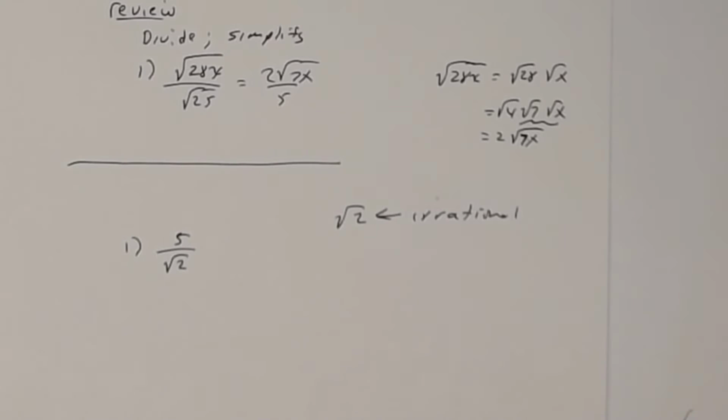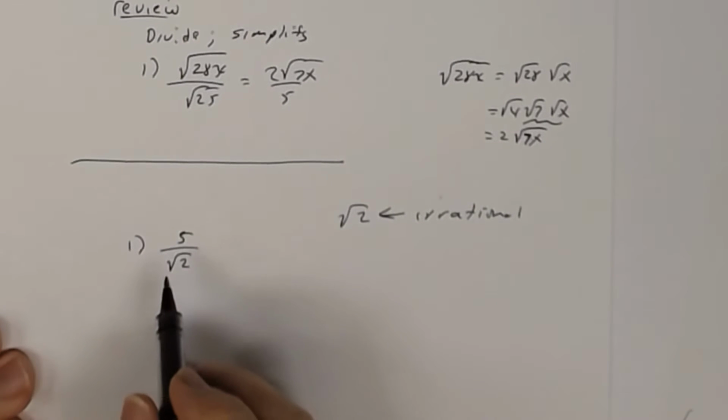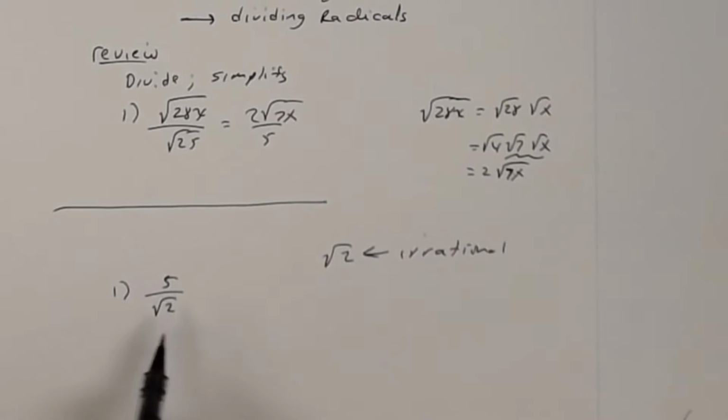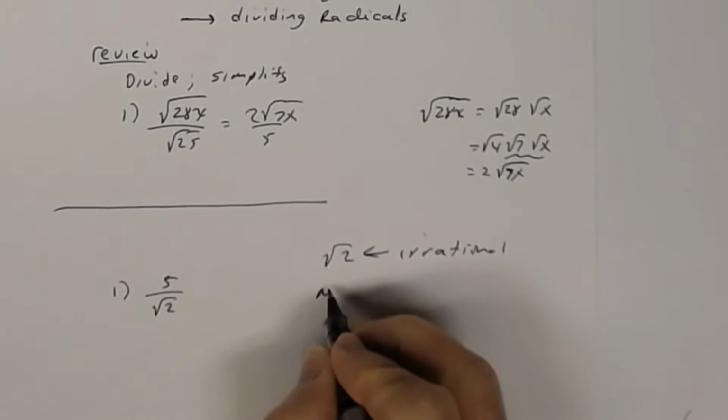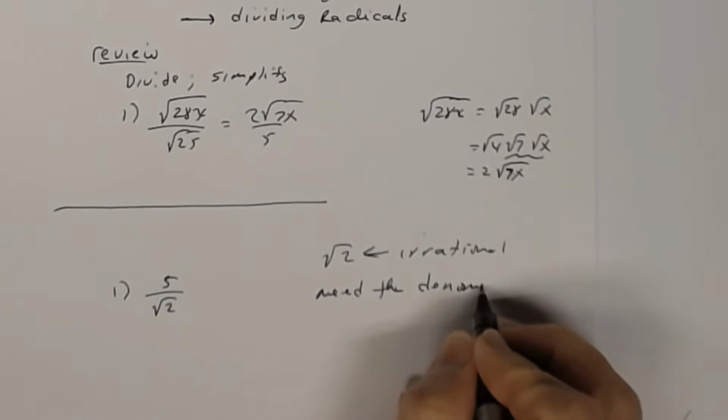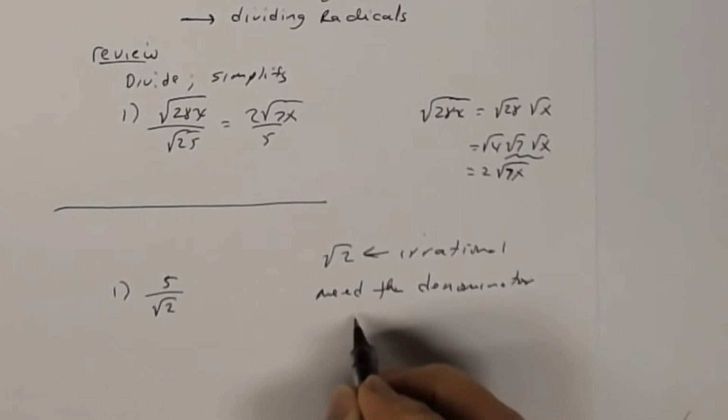In math, we don't want any irrational numbers in our denominator when we're talking about radicals. When we talk about radicals, we want the denominator to be a rational number.